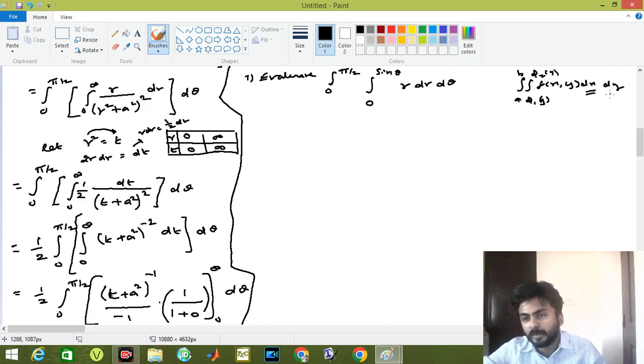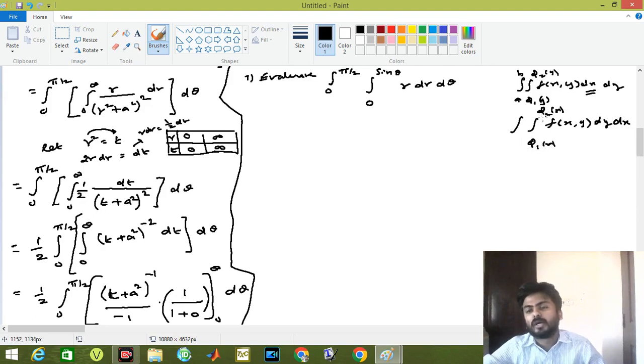The second integral operator is with respect to y, and the first limits should also be with respect to y. When you have f of x comma y dy dx, you should have phi 1 of x to phi 2 of x. This is what we have seen.